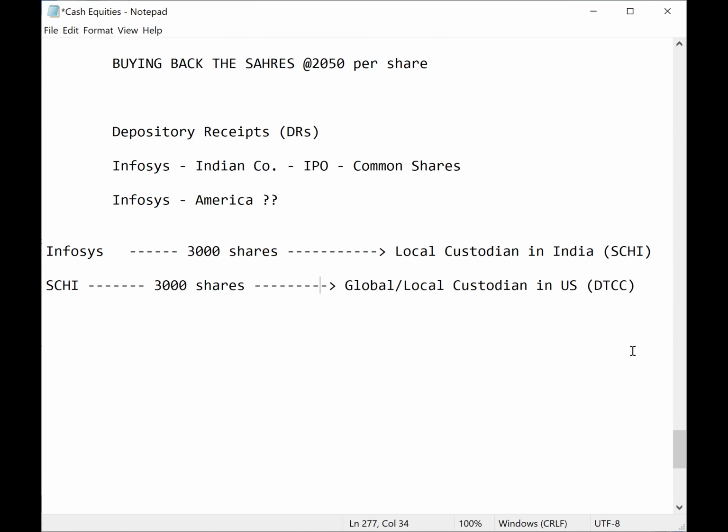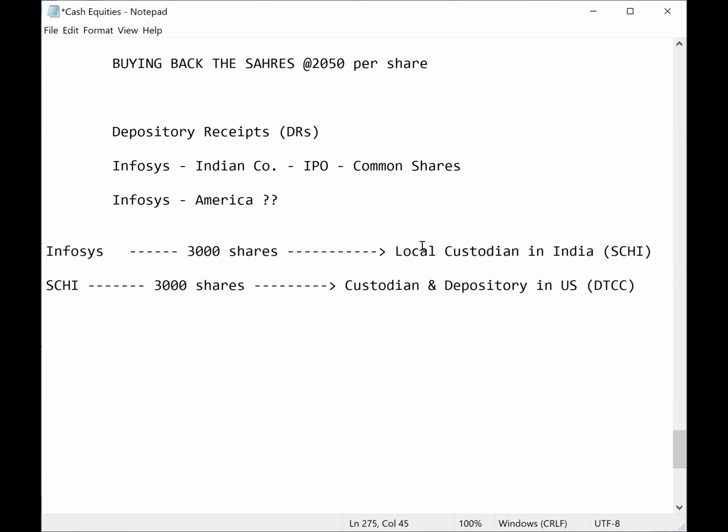So guys, please understand this like this. In the US, you have the concept that these two usually work together. In India, we have depositories working separately and custodians working separately.